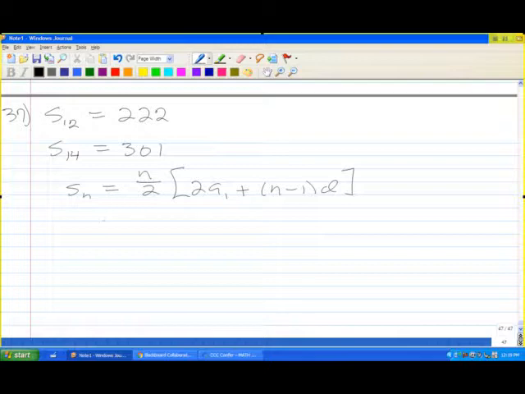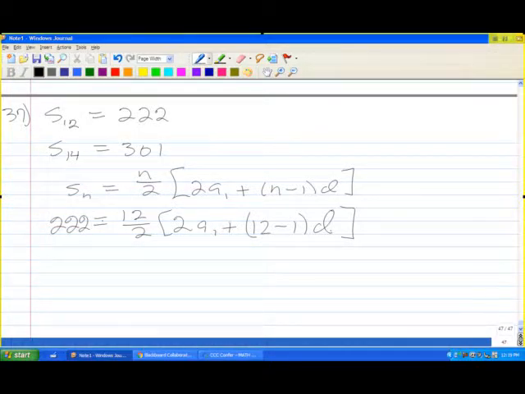And so let's first plug in 12 for n. I don't know a1. I know n is 12. I don't know d. But I know that the sum of the first 12 numbers is 222.